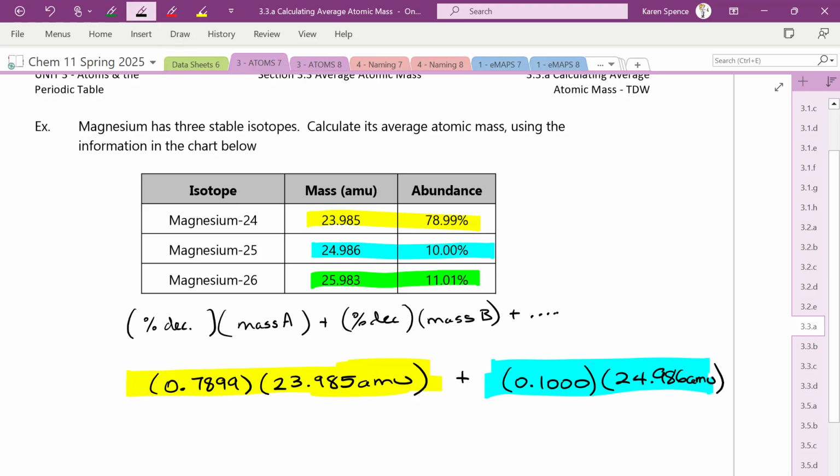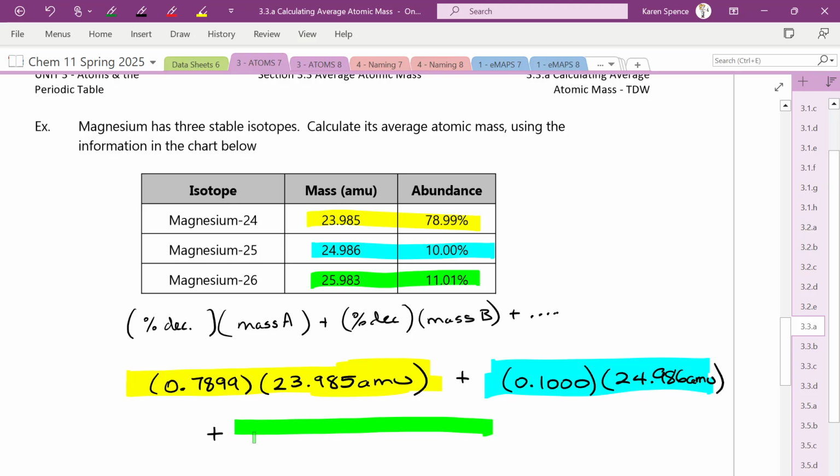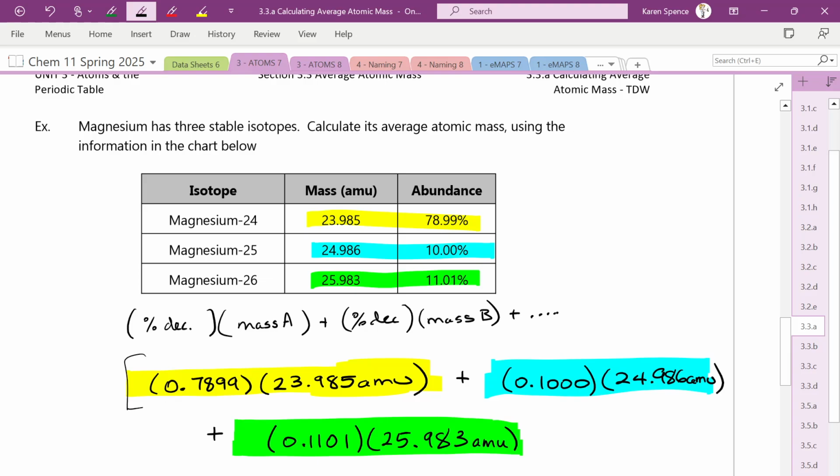Okay, now if you don't want to write out AMU every single time, you could instead put this whole thing in big square brackets and put the AMU on the outside.